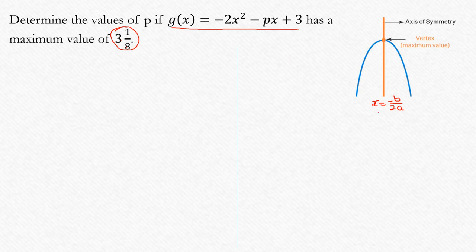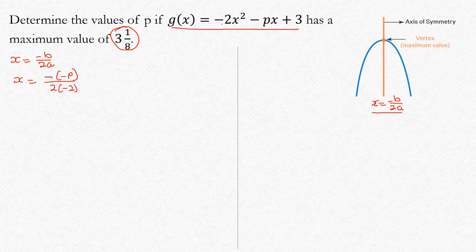Let's start by finding the x value of the turning point. We're saying x is equal to minus b over 2a. Our b is negative p, and our a is negative 2. So x is equal to minus negative p over 2 times negative 2.